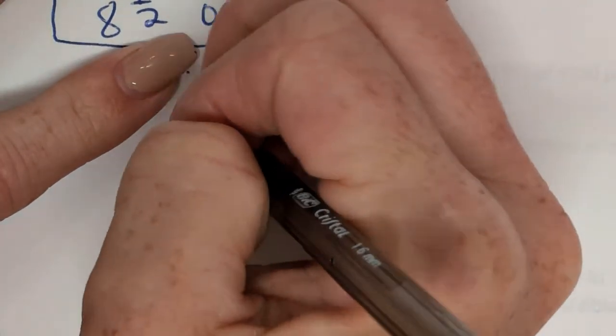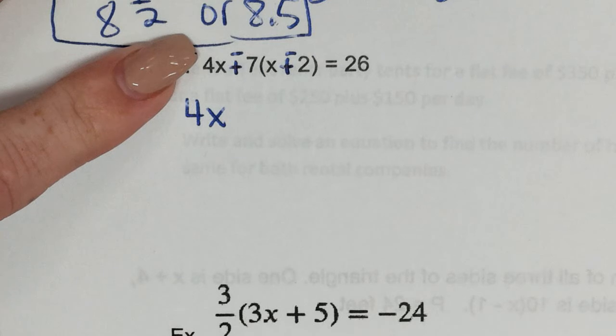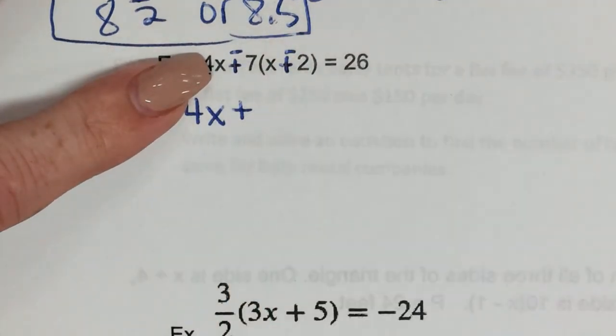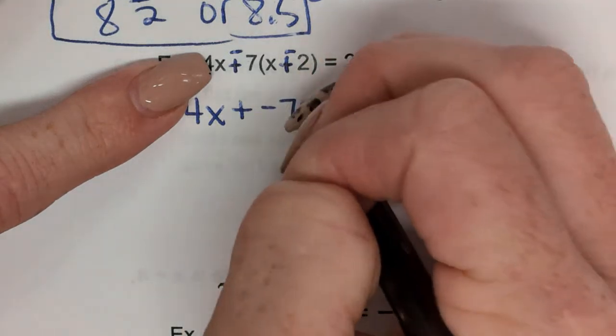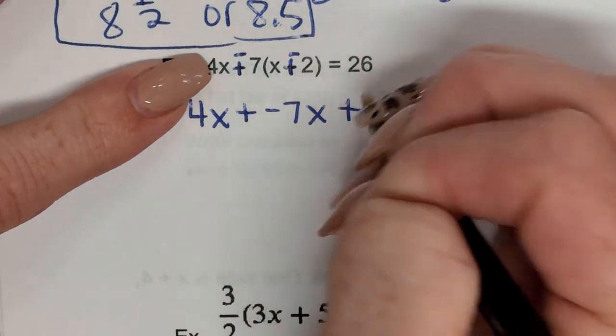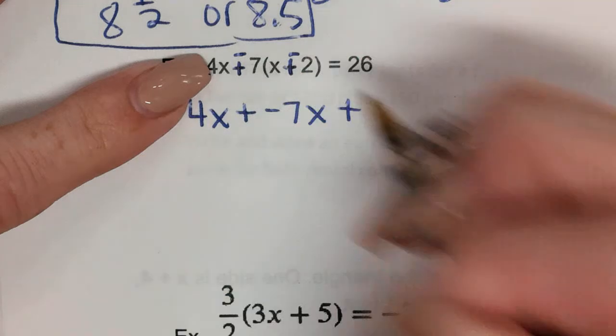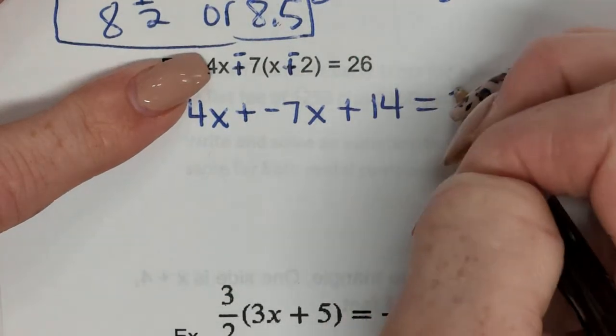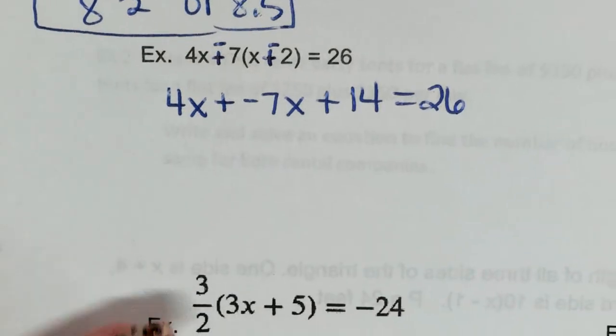All right, now I can do it. Just going to bring my 4x down, put a plus sign. What's negative 7 times x? Negative 7x, put another plus sign. What's negative 7 times negative 2? Positive 14 equals 26. If you will do keep, change, change, anytime you see a subtraction sign, you'll do better.